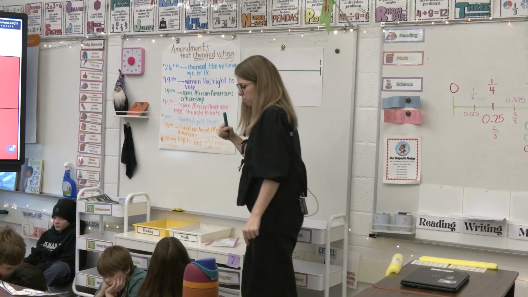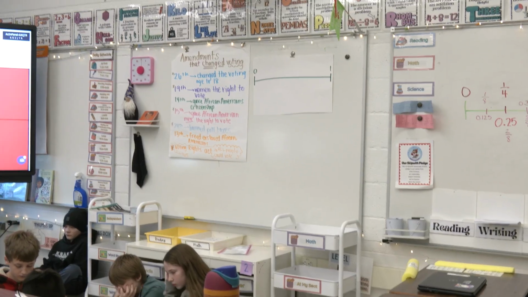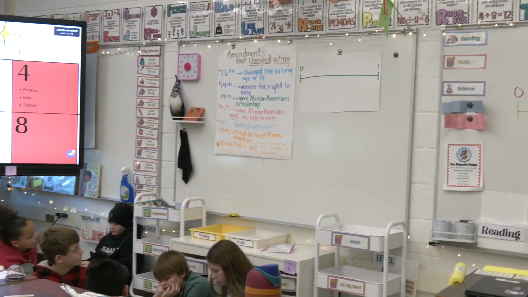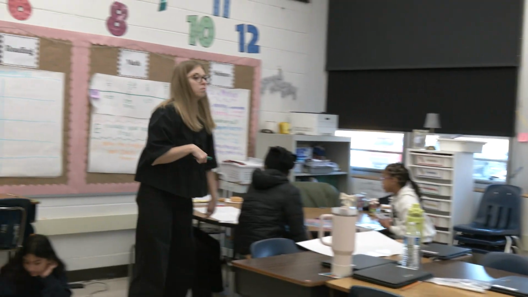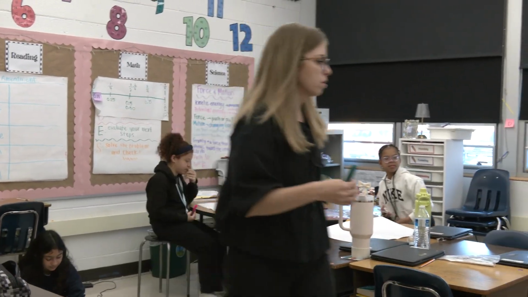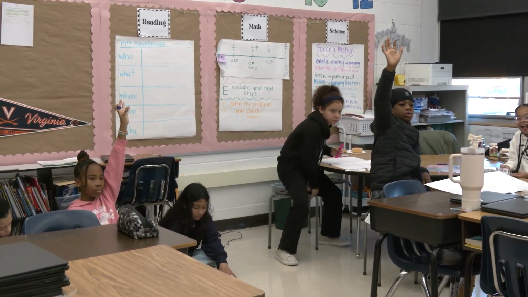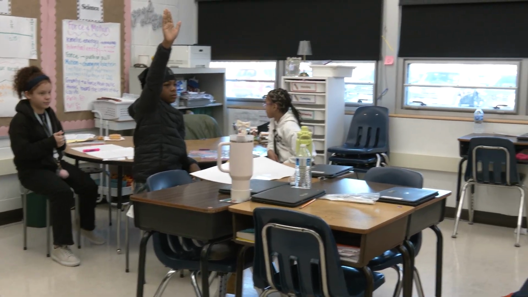Raise your hand to tell me, what do you notice about your paper? 0 to 1. Very good. What's in the middle of your paper? Look at your big paper and you should notice there's something in the middle.